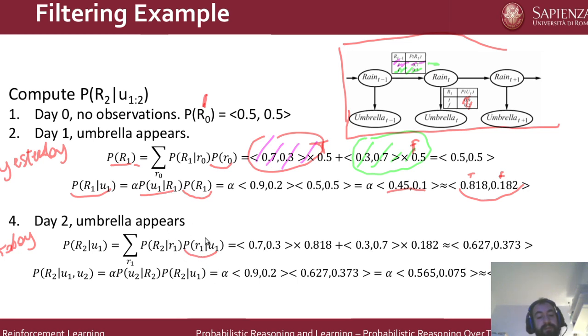Again, we don't have any certainty for the value of R1. We have a probability distribution here, so for every possible value of R1, we take its probability and multiply it by the transition function for that specific value. Let's do the same thing that we did before. This is the case where this is true, and this is the case where this is false.